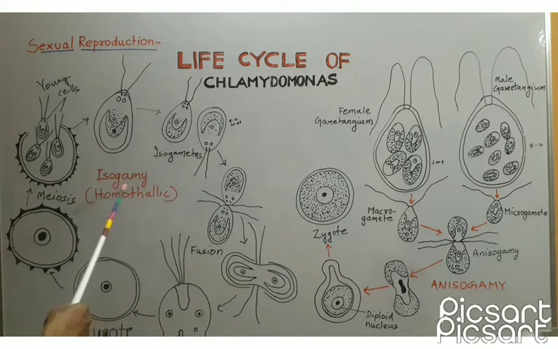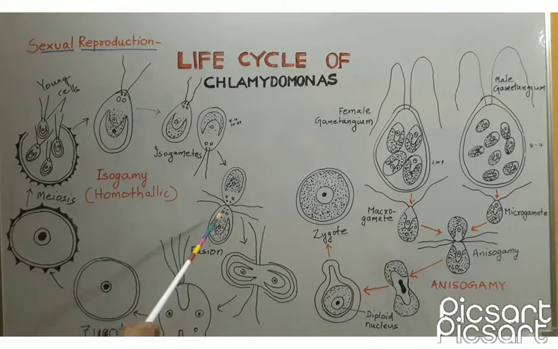Some of the isogamous species are homothallic, whereas remaining isogamous species are heterothallic. In homothallic species, fusion occurs between gametes which are formed in the same parent cell, whereas in heterothallic species, fusion occurs between gametes that are formed in the parent cell of two opposite strains.